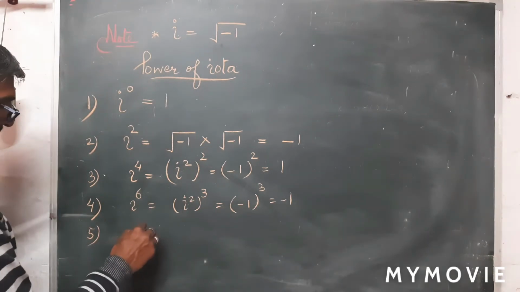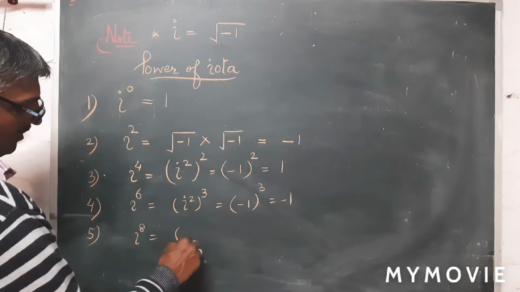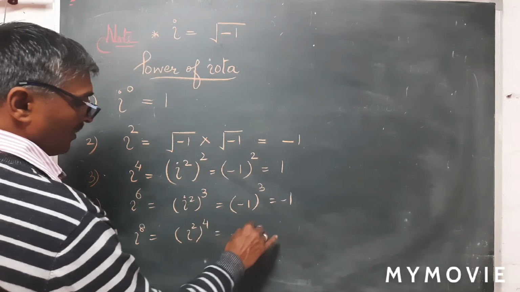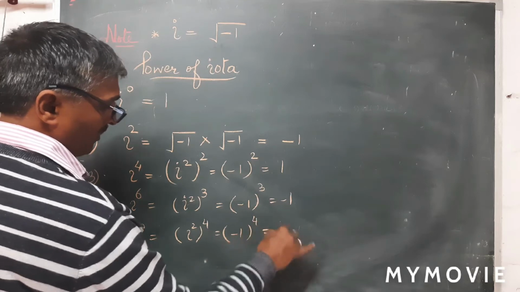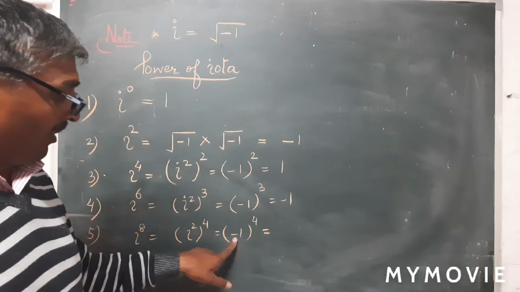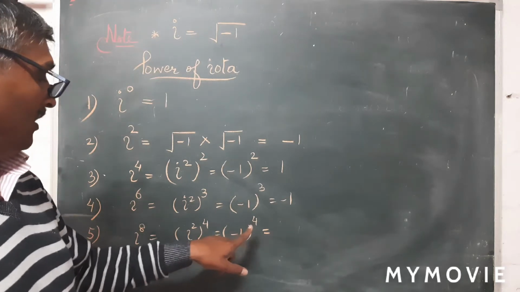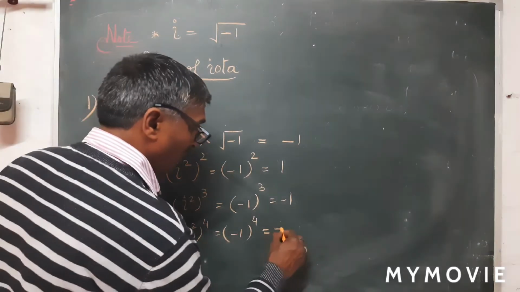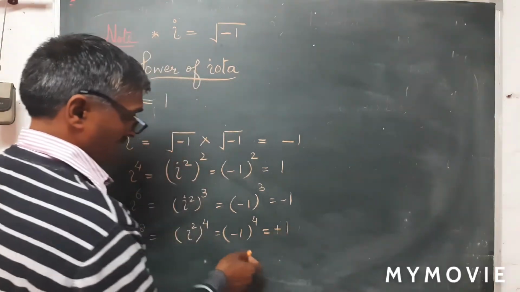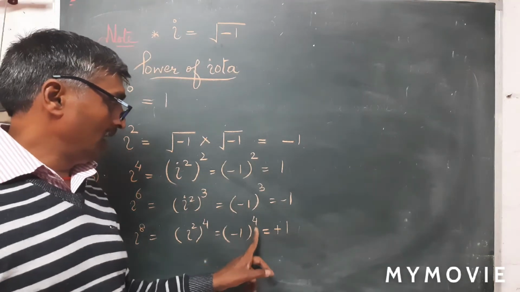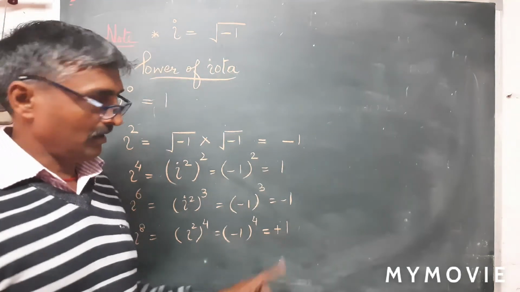Iota to power 8 is iota square to power 4, that is minus 1 to power 4. Any negative number with an even power is always positive, therefore 1.